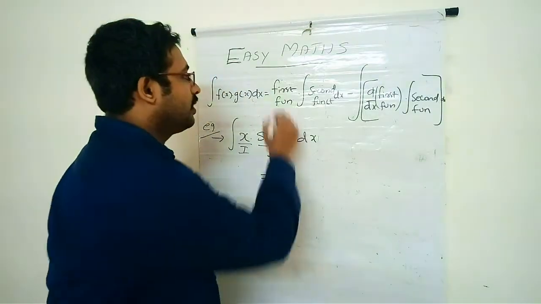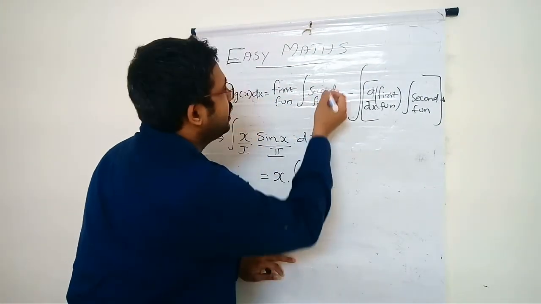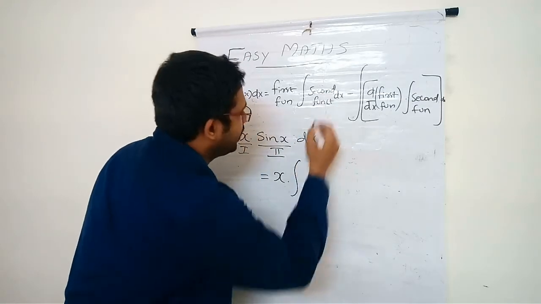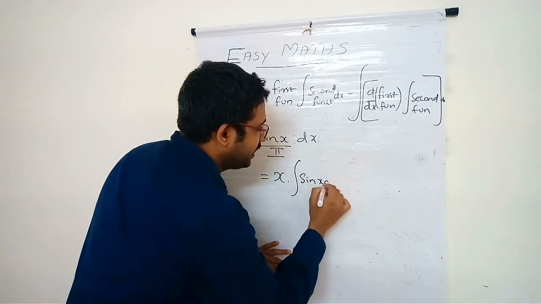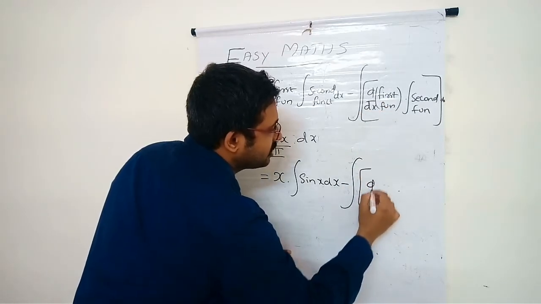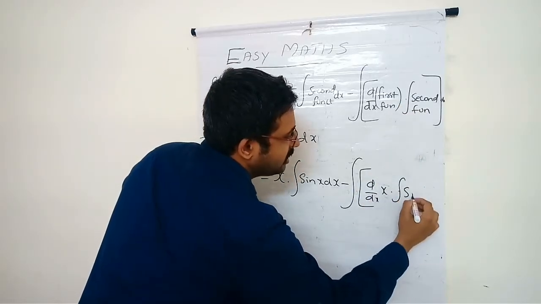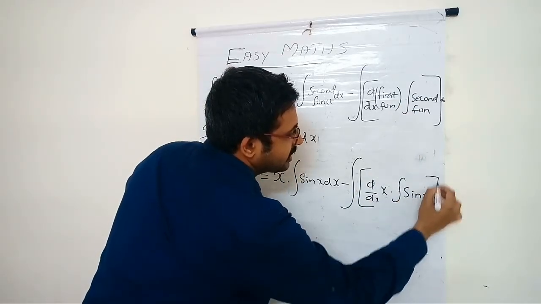So how can we apply this formula? That is equal to first function into, so x into integral of second function, sin x, so integral sin x dx, minus integral of derivative of first, so d by dx of x, into integral of second, integral sin x dx.